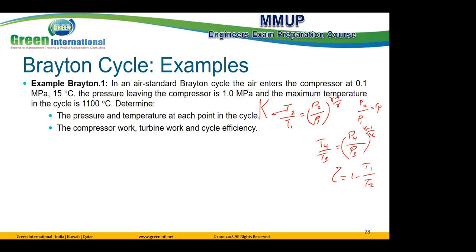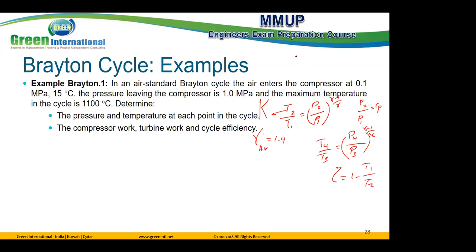So the value of gamma for air is 1.4. Why do you need to calculate density times g? Gamma is 1.4.